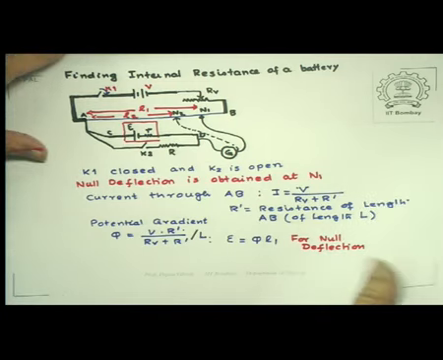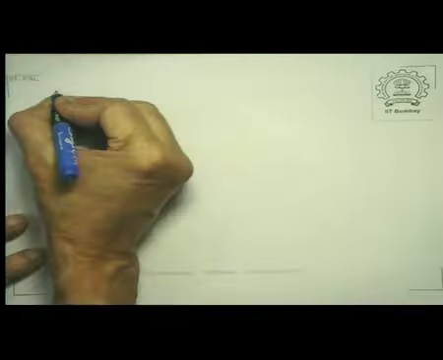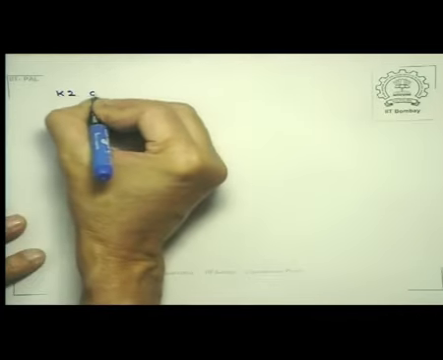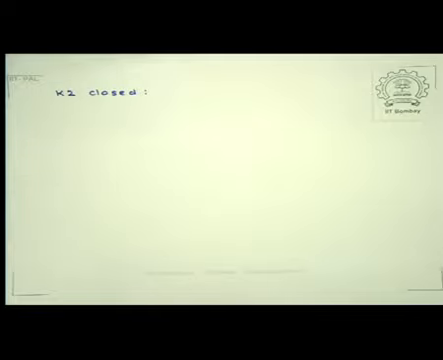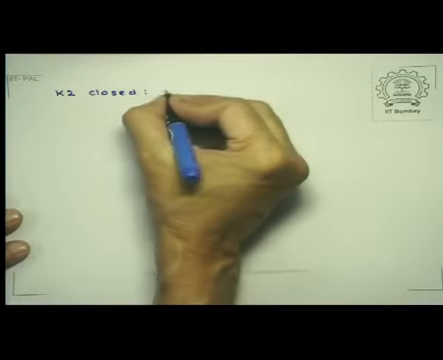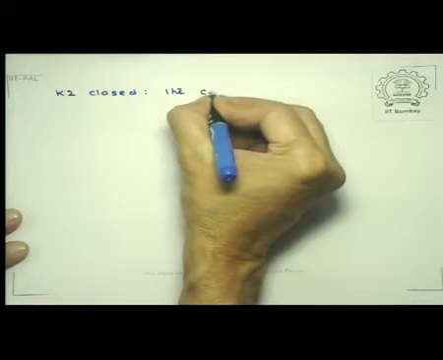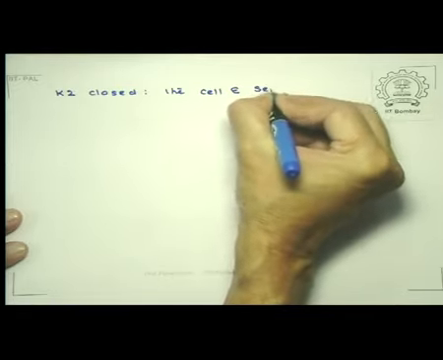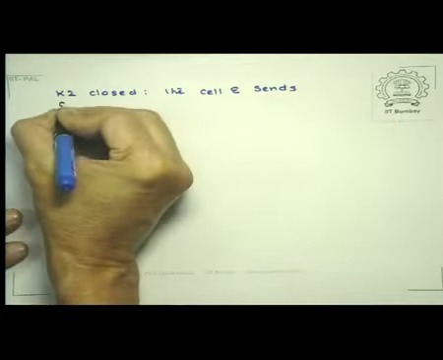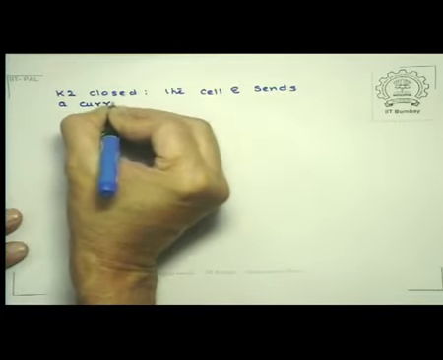And let's see how it works. So with K2 closed, the cell with EMF E sends a current. And how much is that current?